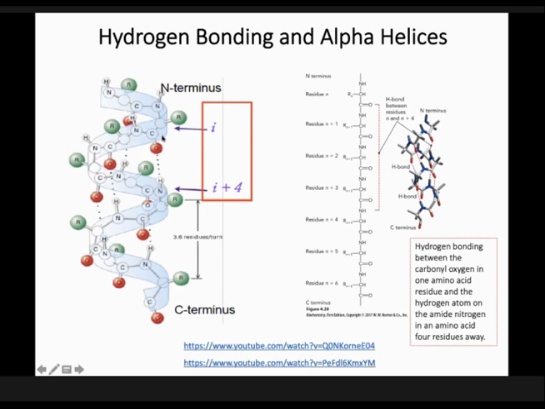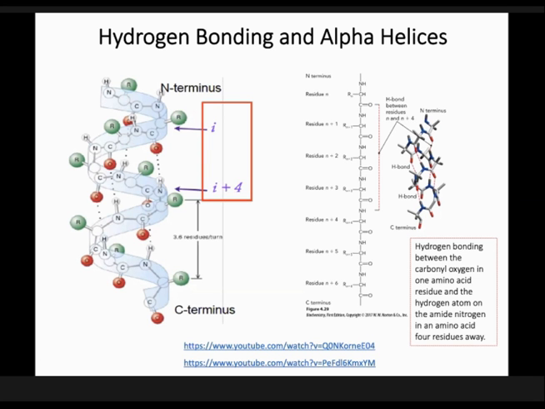This is just showing that it's four amino acids in each turn itself. So for example, this group is one amino acid that is interacting with the one that is over here. So there's a twist, and that's how the alpha helix forms.